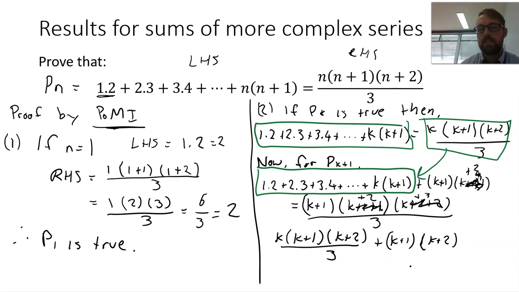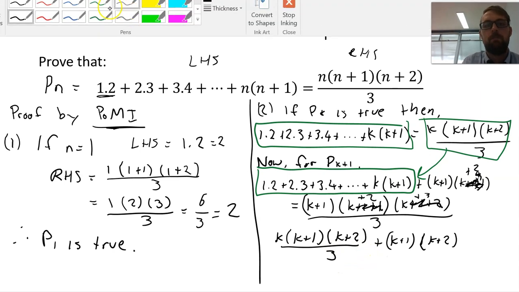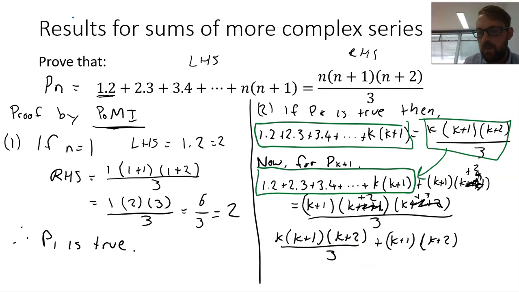What we can do though is simplify it, and the way we do that is by putting them on the same denominator. So this one's being divided by 3. If I want to divide this by 3, I can do that, as long as I multiply the top by 3 as well. So 3 divided by 3 is 1, so I'm not changing anything, but I'm allowing these to be added, which I'll do now.